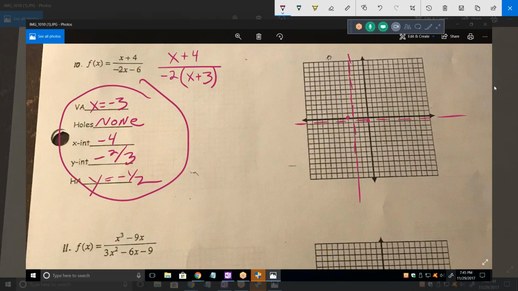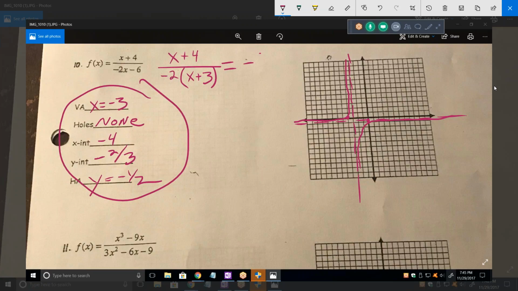And I still am not positive whether we cross the horizontal asymptote or not. At first glance, it looks like it has to be something like this. But a key thing is determining whether this can possibly be equal to the horizontal asymptote.